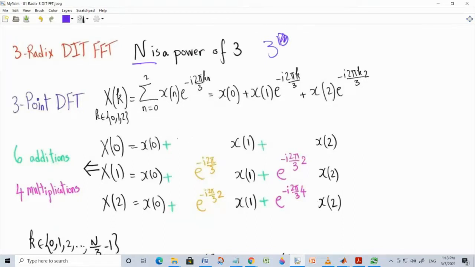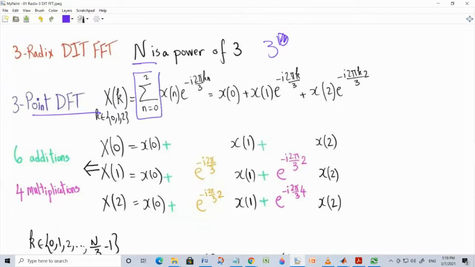Before investigating the N-point DFT, let's just think about the 3-point DFT. In the case of Radix-2, we talked about the 2-point DFT. The 3-point DFT is a bit more complicated.